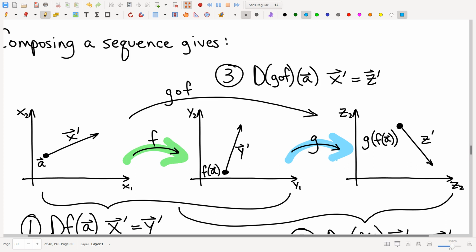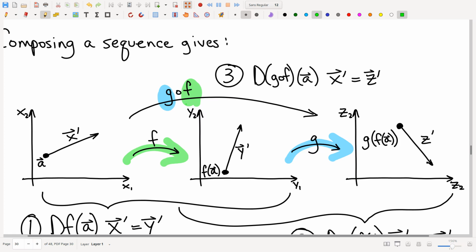But wait a second, in the composition, G is on the left and F is on the right. So what gives? We've seen something like this before when we were talking about second partials. You remember the notation for second partials looks backwards depending on which notational choice you make. And ultimately that was because of some arbitrary notational choices we had made earlier.